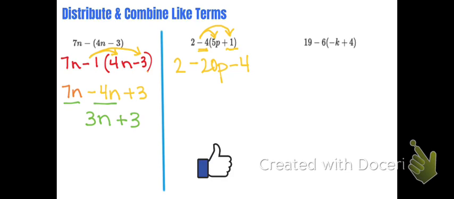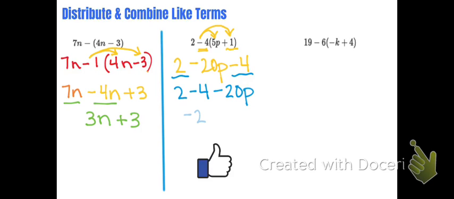Now, do you see any like terms that I can combine? Well, there's no other ones with p in it, but I do have this 2, and I have this -4. If you want, you can rearrange it. You can move that -4 over by the 2, so you can more clearly see the like terms that can be combined. 2 minus 4 is -2.